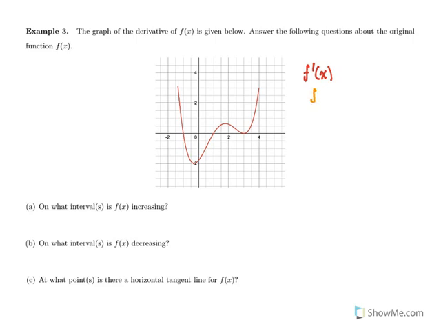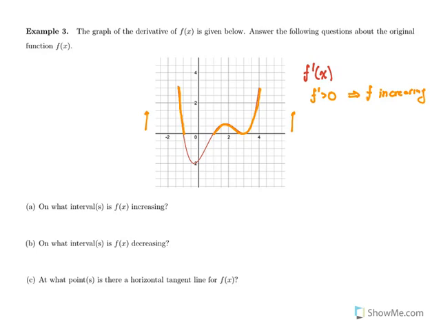Well, we know when f prime is greater than 0, then that means that f is increasing. So in the graph of the derivative, I'm not going to look for when the derivative is increasing, decreasing. I'm going to look for when is the derivative greater than 0. That is above the x-axis.